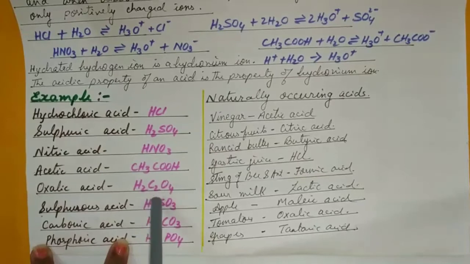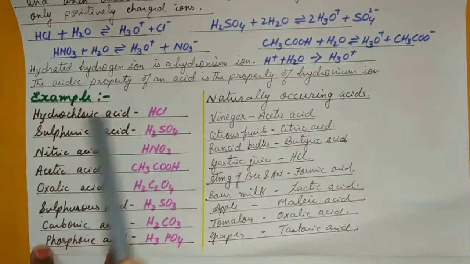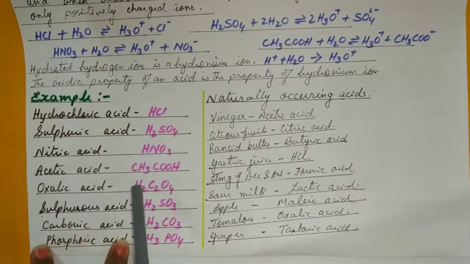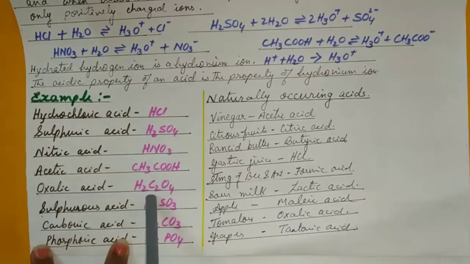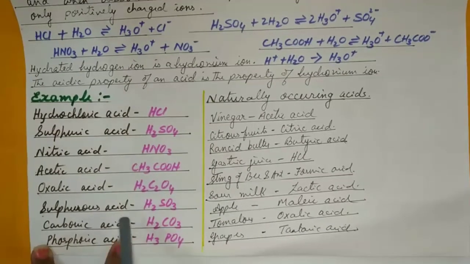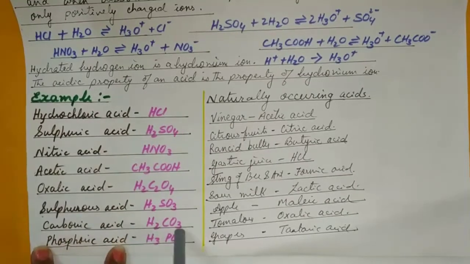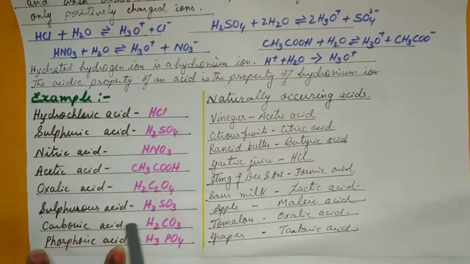There is a different way of writing it, COOH and COOH bonded to both carbon atoms, but the molecular formula is this. Sulfurous acid H2SO3, carbonic acid H2CO3, phosphoric acid H3PO4.